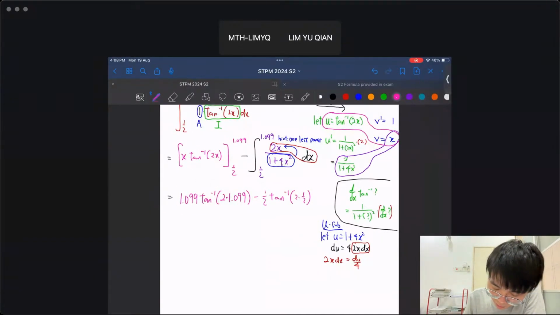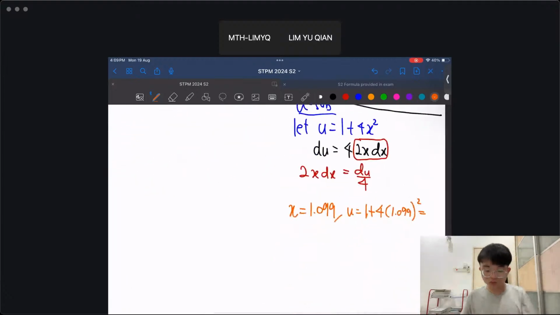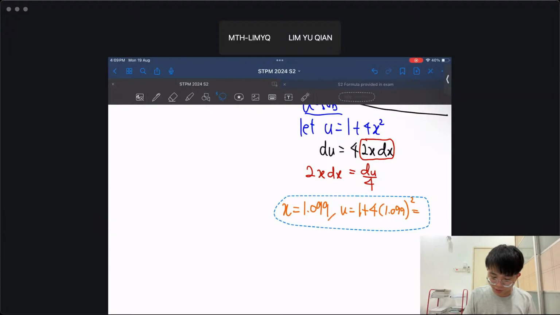Let's circle our upper and lower limits. The upper limit is x equal 1.099. When x equals 1.099, our u equals 1 plus 4 times 1.099 squared, which is equal to... we should give as many digits as possible.